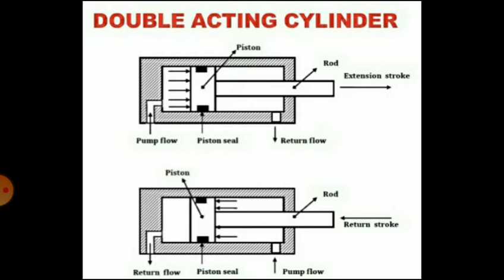There is a cylinder barrel, and inside that there is a piston and piston rod, but the piston rod is attached on only one side. So it is a double acting cylinder with single piston rod. The extension stroke and the return stroke are shown in the diagram.